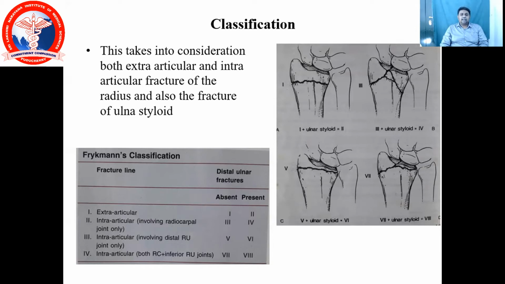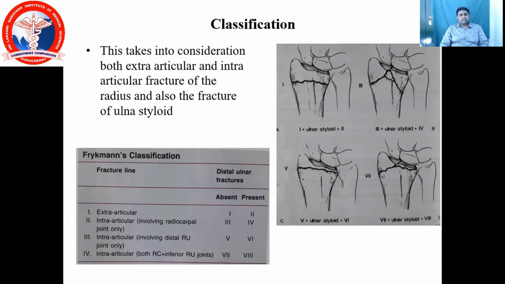Type 3 is an intra-articular distal radius fracture, where the fracture line passes into the radiocarpal joint. Because as you know, there are two joints: the radiocarpal joint and the radio-ulnar joint. So in this type 3, the fracture line passes into the radiocarpal joint. Type 4 is an intra-articular fracture of the radiocarpal joint along with the ulnar styloid process.